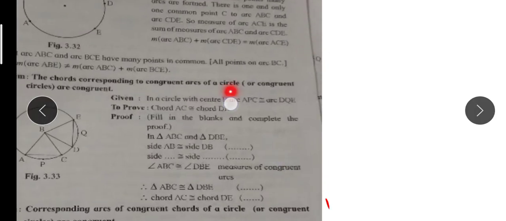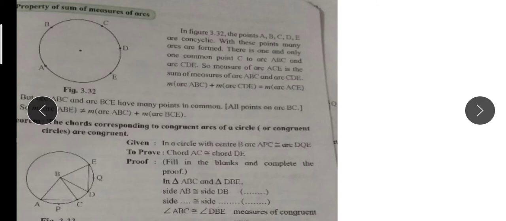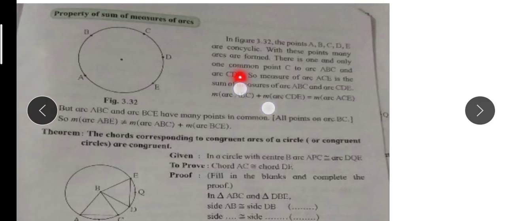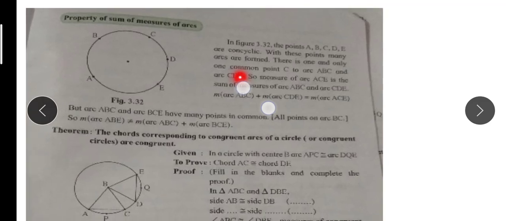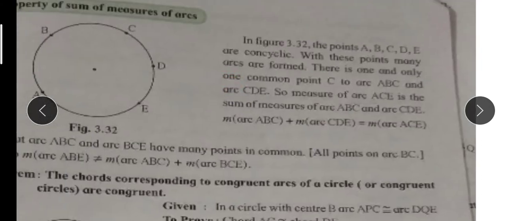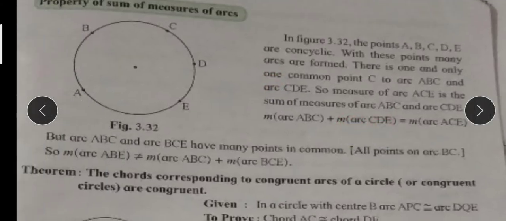So, the measure of arc ACE. If you are finding arc ACE this way, you will get the sum of arcs. How is the property? You can write the measure of arc ABC plus arc CDE, that is equal to arc ACE.